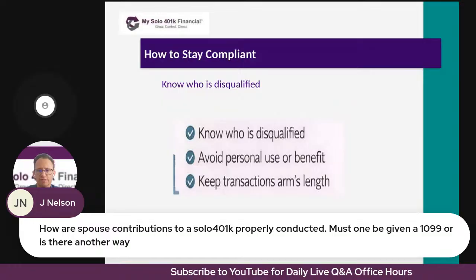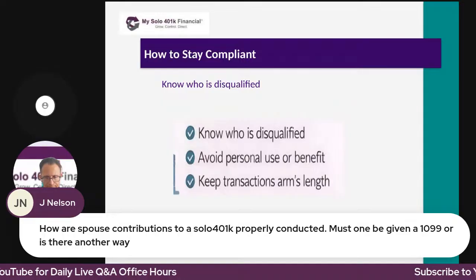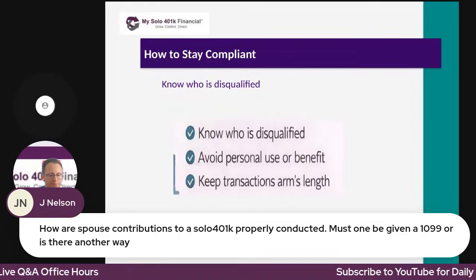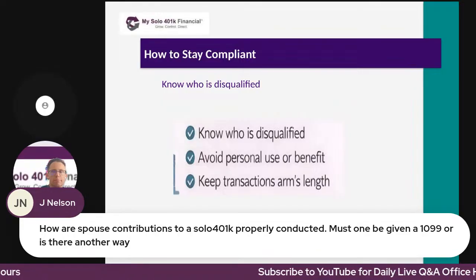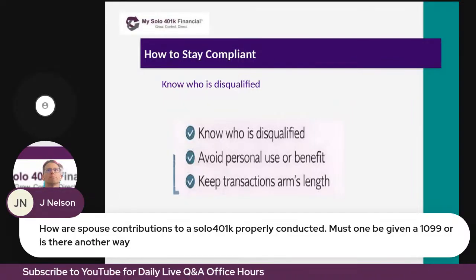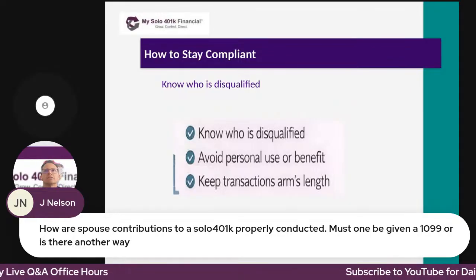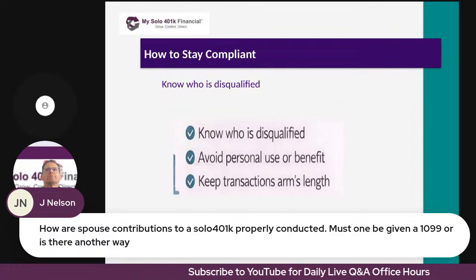Must one be given a 1099-R? Is there another way? Well, as long as both spouses are self-employed in the same self-employed business, it's considered just one plan. Depending on how that business is taxed, that's how you would determine the contributions and the reporting.